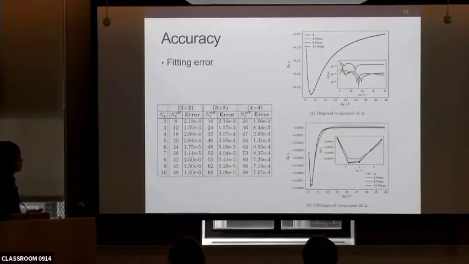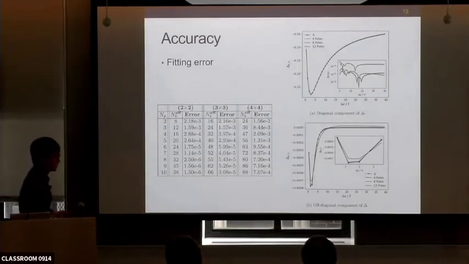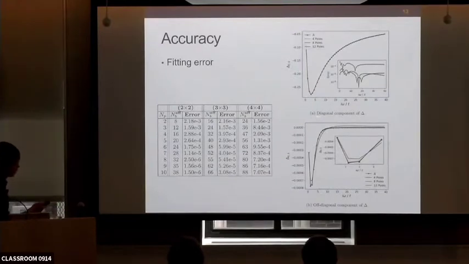And this is how the fitting goes. You can see that when you go to about 8 poles, the error is very negligible compared to the accuracy later achieved by DMFT, and similarly for larger. This is for diagonal. This is for off-diagonal. Actually, the off-diagonal elements are very difficult to fit, especially with the conventional brute force optimization methods.